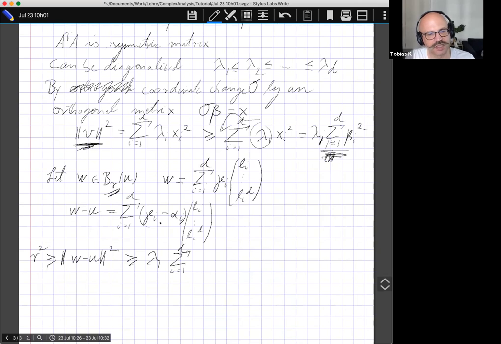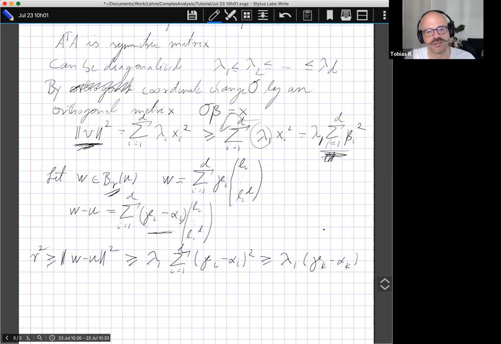The betas are just the coefficients in this expansion, so it's just gamma i minus alpha i squared. And in particular, the sum of non-negative things is always larger than each of these summands.